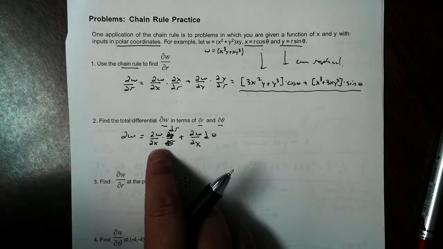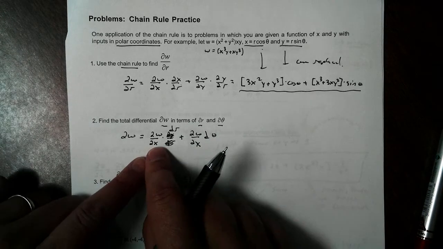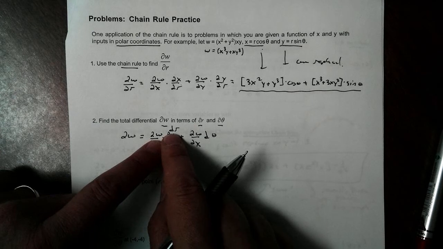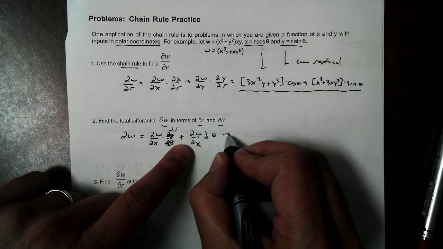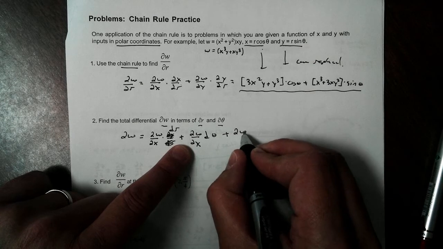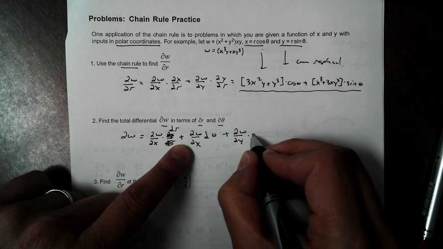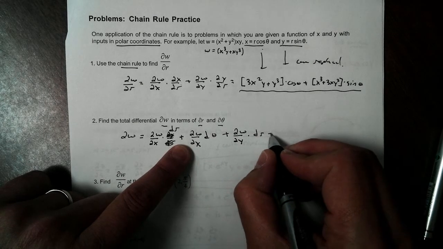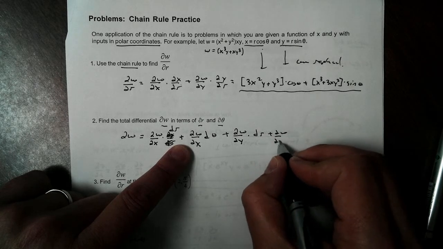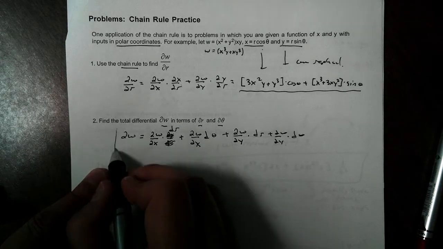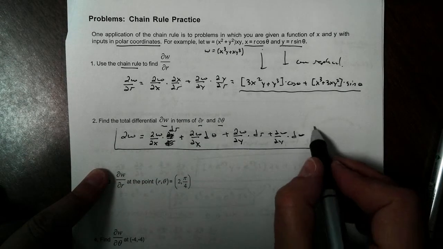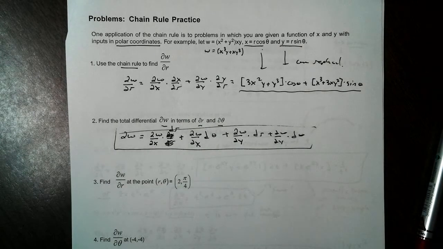So now remember, taking the derivative of w with respect to x times its rate of change in r, and then we do the same thing with the term, how it changes in theta. Plus, now we do the y, the partial of w with respect to y times dr, plus the partial of w with respect to y, d theta. And there is our total derivative in terms of change in r and change in theta right there.